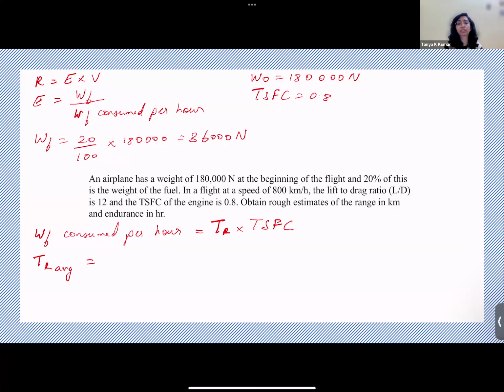What was the formula for steady level flight? What was the formula for thrust required? Steady level flight, cruise flight. What was the formula? You have lift equal to weight and thrust equal to drag, right? This was the steady level conditions. From this, what is thrust required?